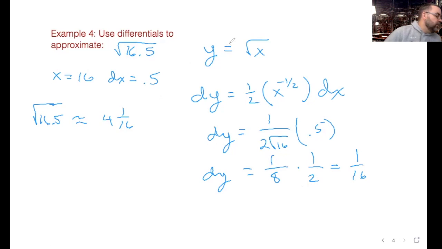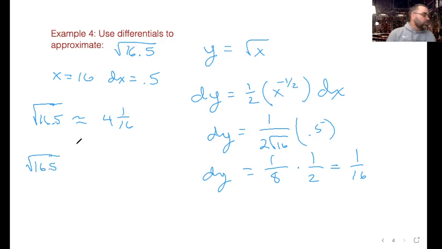Now let's see here. I'm just looking for the actual square root, but I don't see it here. So I'll just use my calculator.